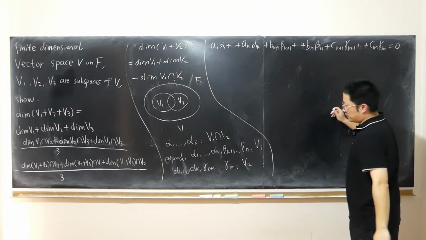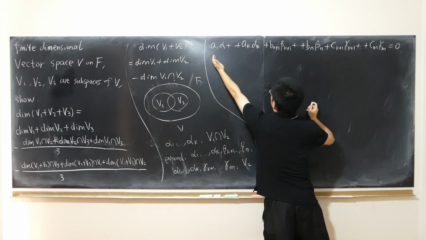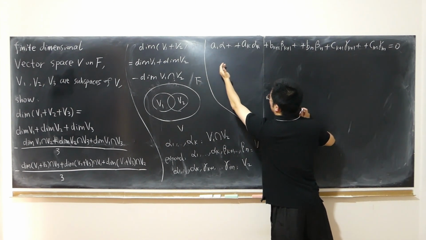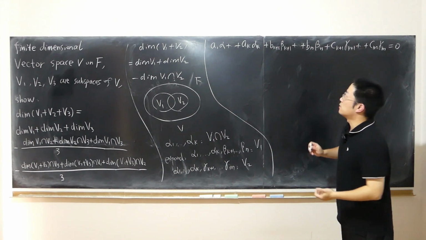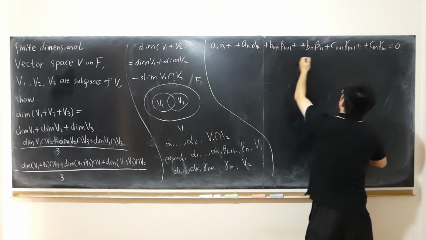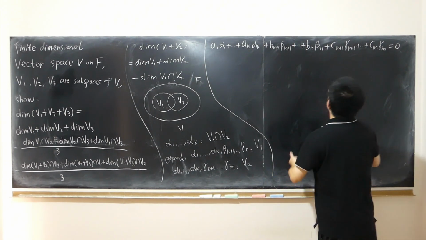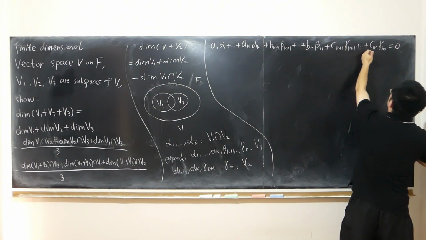The a's, b's, and c's all belong to F. If I can show that all the a's, b's, c's are equal to 0, that means the alphas, betas, gammas are linearly independent. Starting from this, I can move this part to the right-hand side.